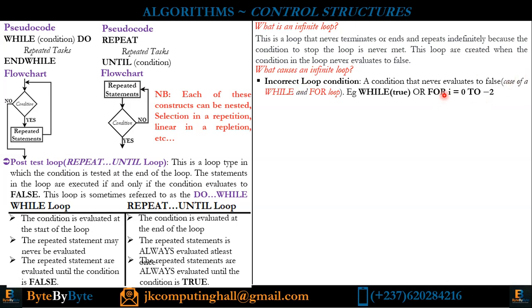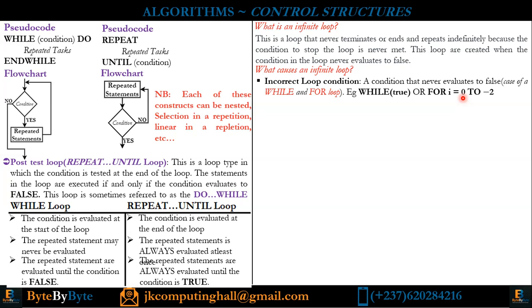Or if I say for I equals 0 to negative 2. Remember that if you are using this particular syntax for and to, it means that we are going from a minimum to a maximum. And we all know, mathematicians that you are, that there is no positive number that you will add to 0 and at a point of time have negative 2, because the increment we are having here is always positive.